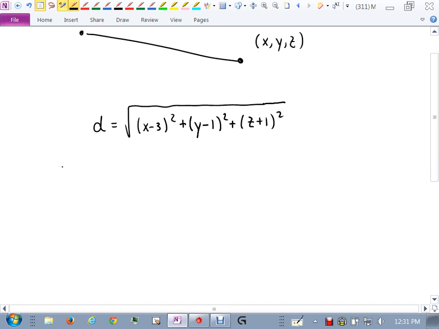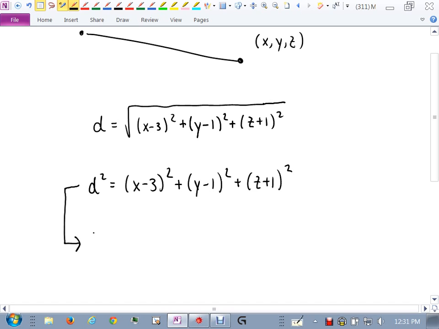So I'm going to look at d squared instead, and this is what I'm going to call my capital D of x, y, z. So capital D is the distance, but it's squared. Just keep that in mind. We'll have to take the square root at the very end.